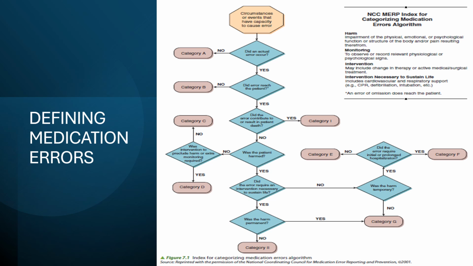According to the National Coordinating Council for Medication Error Reporting and Prevention, a medication error is any preventable event that may cause or lead to inappropriate medication use or patient harm while the medication is in the control of the healthcare professional, patient, or consumer. NCCMERP also classifies medication errors and has developed the Medication Error Index.